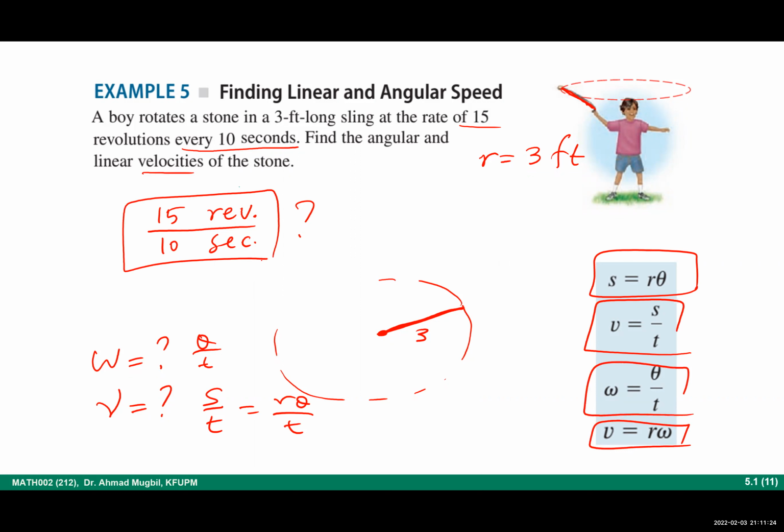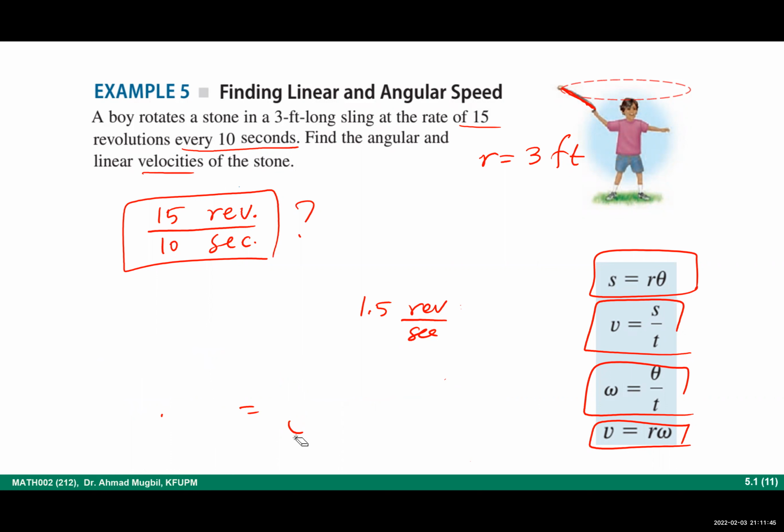The main given point is here: 15 revolutions every 10 seconds. It means 1.5 revolutions per second. Every 1 second, he will do 1.5 revolutions. If you want to look at theta, t is given, t is 10 seconds.